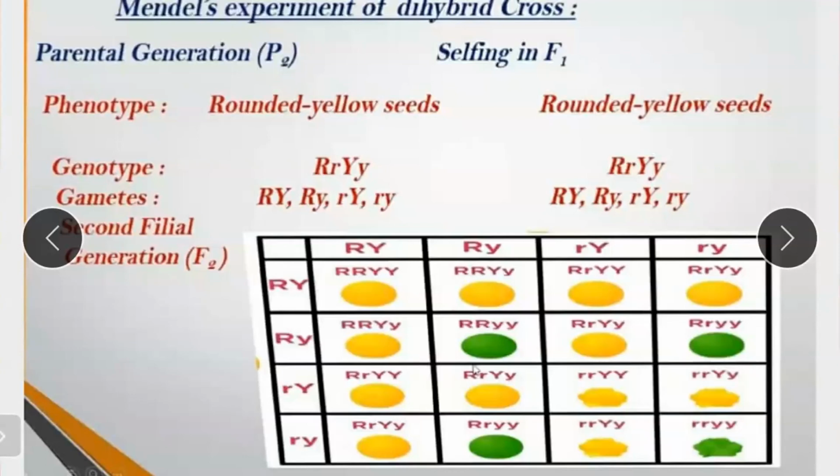Round and green seeds: 1, 2, 3, total 3. Now wrinkled and yellow seeds: 1, 2, 3, 3 wrinkled and yellow seeds. And what about the wrinkled and green seeds? Only one, which is pure, homozygous recessive. So what type of phenotypic ratio are we seeing here? 9 is to 3 is to 3 is to 1.